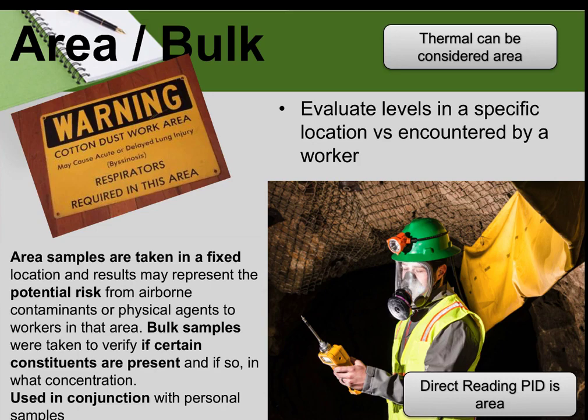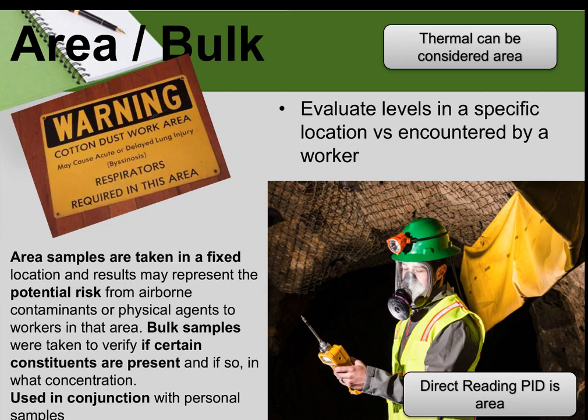In this picture is an example of a photoionization detector, a PID, which is a direct reading instrument that could be used to directly read an area for potentially oxygen, hydrogen sulfide, or carbon monoxide.